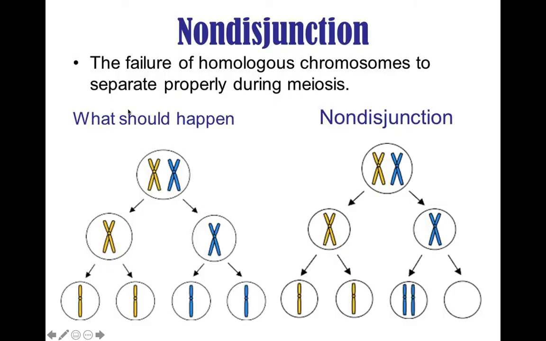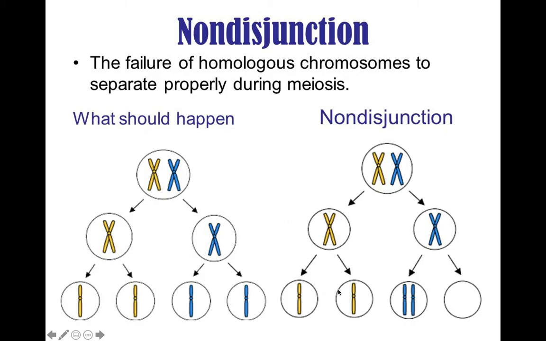So right over here on the left side of it, we see that we're going through meiosis, and so the first division is of course they divide. But then it goes through its second set of division, where now we have the haploid cells. All right, and each cell has its chromosome.